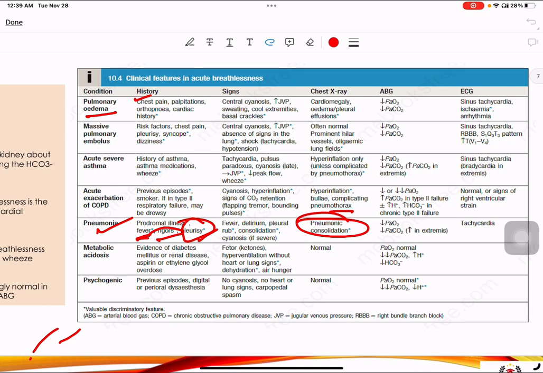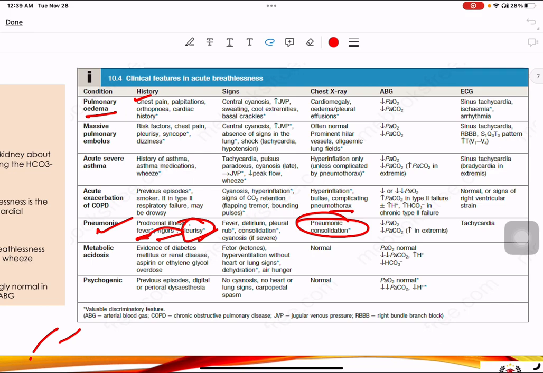On ABG, the patient will have type 1 respiratory failure, low oxygen, low carbon dioxide. But if the pneumonia is severe, then that can lead to type 2 respiratory failure, evident by high carbon dioxide. On ECG, the patient may have tachycardia due to fever.